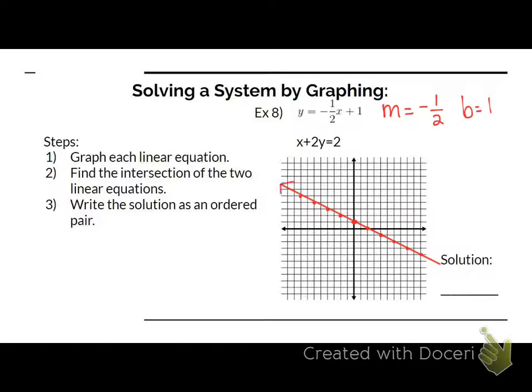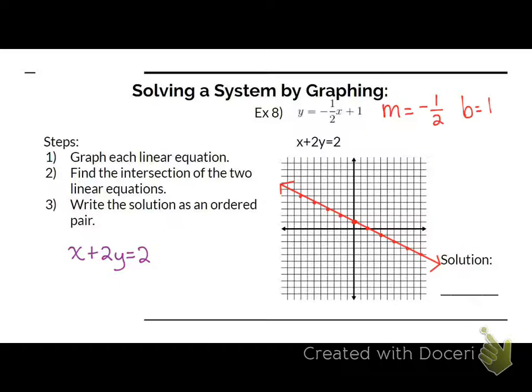Next, our other line is not in slope-intercept form. So we can't identify m and b until it looks like y equals mx plus b. Off to the side here, I'm going to show my work for putting it in slope-intercept form. We did a few of these in our review yesterday. What do I need to do to get y alone?